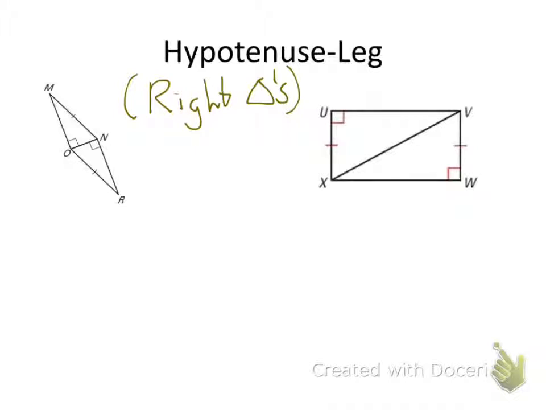Now, if we're looking down at the one on the left first, let's list what we know. We know that angle MON and angle RNO are right angles.